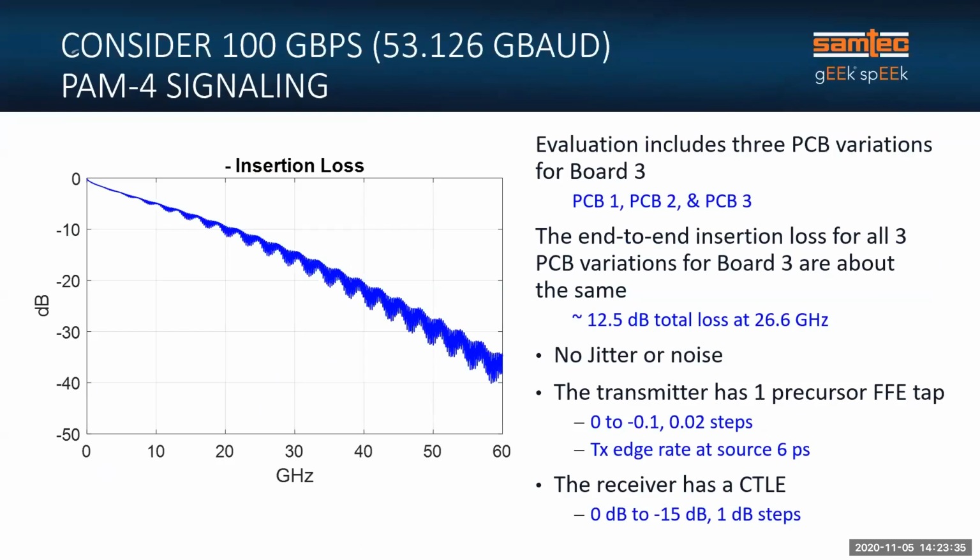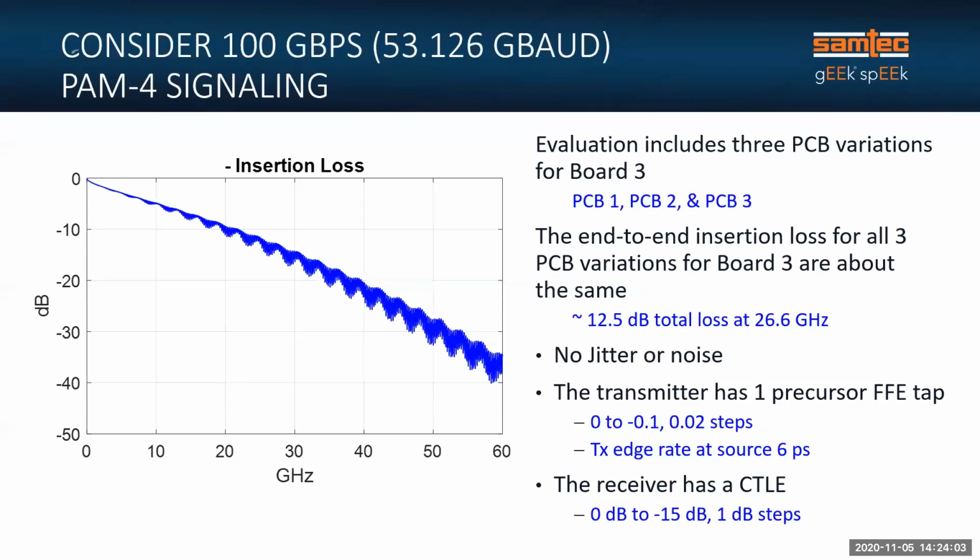We're going to use this example, 100 gigabits per second PAM4 signaling at 53.125. I guess that's wrong. It should be 26.5625 gigabaud. Anyhow, we're going to evaluate board 3 for three variations: PCB1, PCB2, PCB3. In all cases, the loss end to end, die to die, is about 12.5 dB at 26.6 gigahertz.